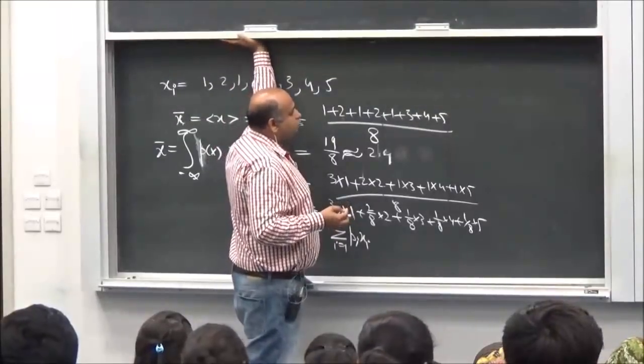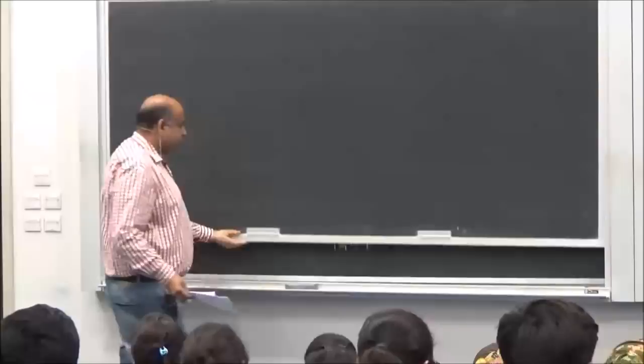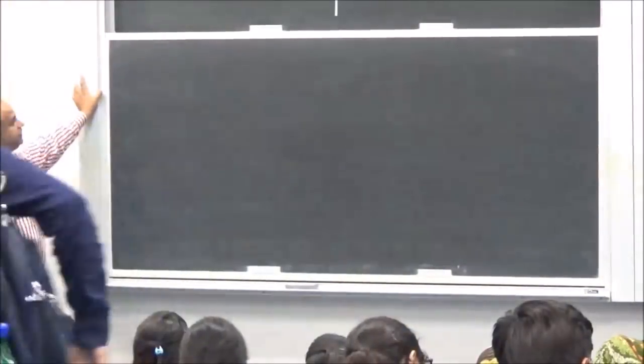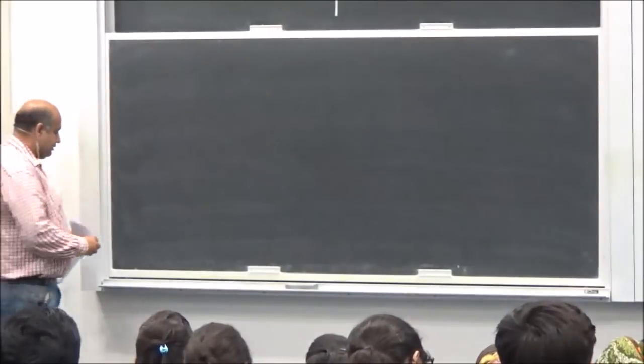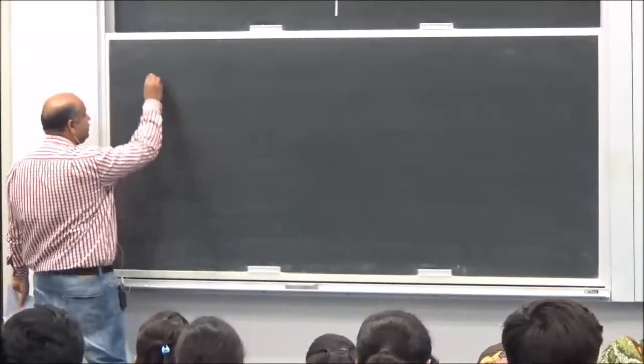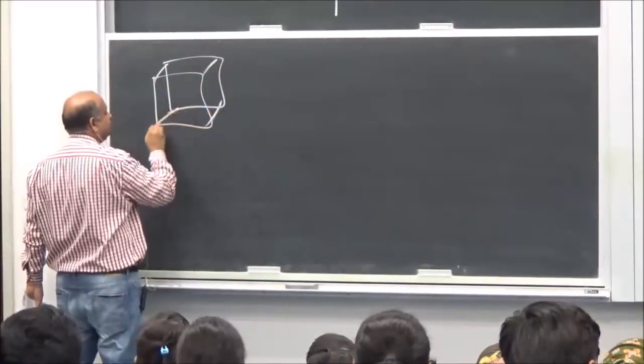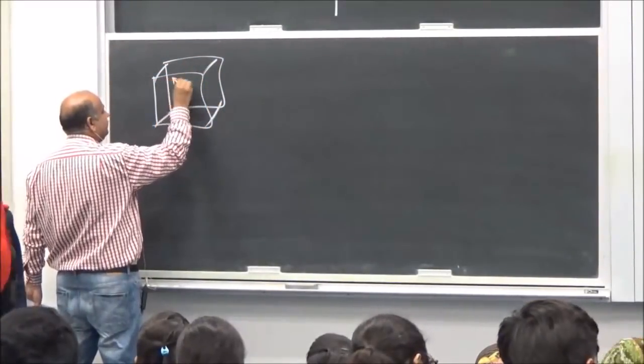ज़्यादा useful है expression, that is the RMS value of the velocity, because that eliminates this part. क्योंकि जब molecules किसी container में हैं, they are going like there, here.